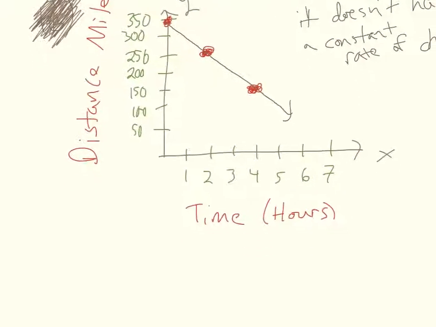And what this is called is your rise over your run. So how much does it change going up or down, rise, divided by how much does it change going left and right, run. And that is your rate of change.